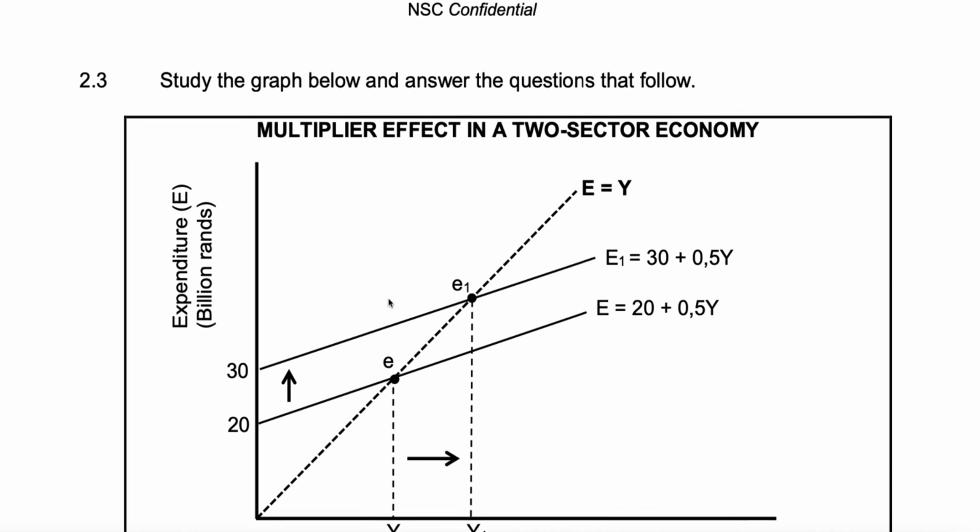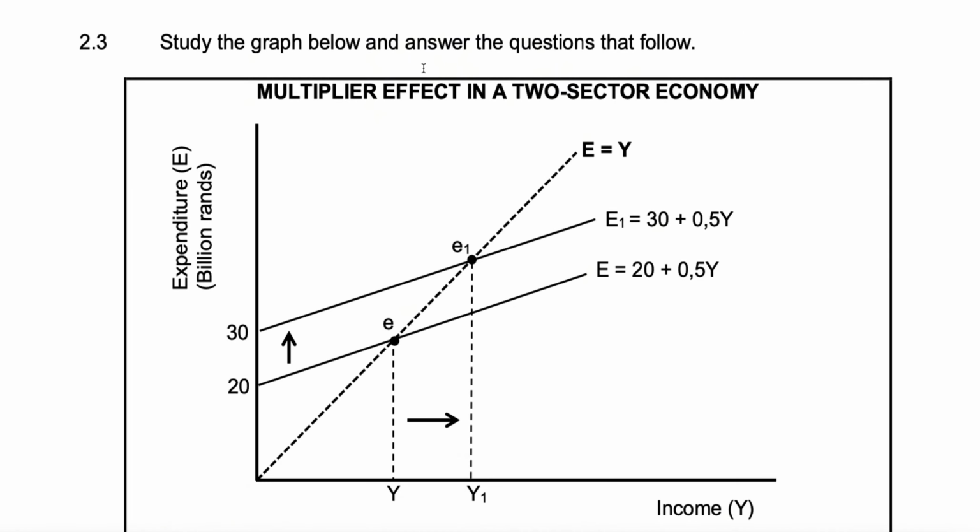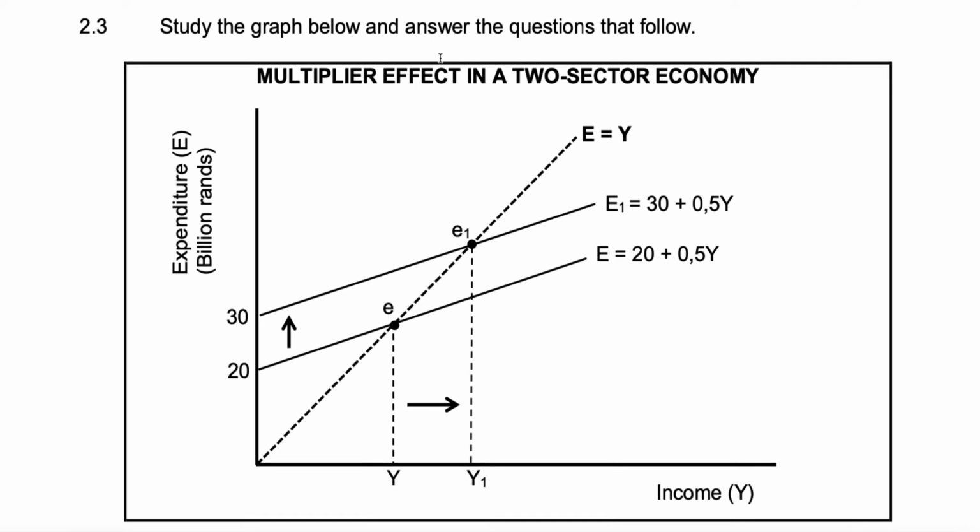Let's look at the next data response. Well, it's this one here on the multiplier. Study the graph below and answer the questions that follow. So this is the multiplier effect in a two-sector model. So already this tells us this is an economy, not a market. This is an economy with households and businesses. There's no government here.